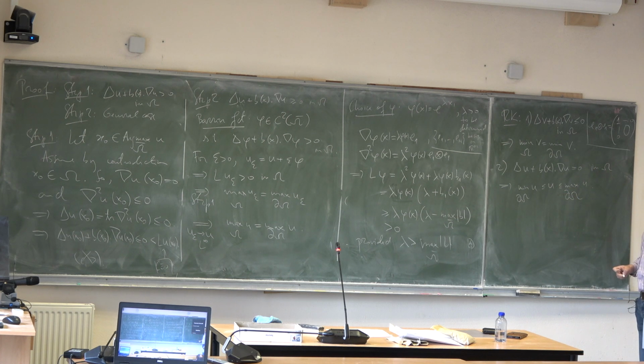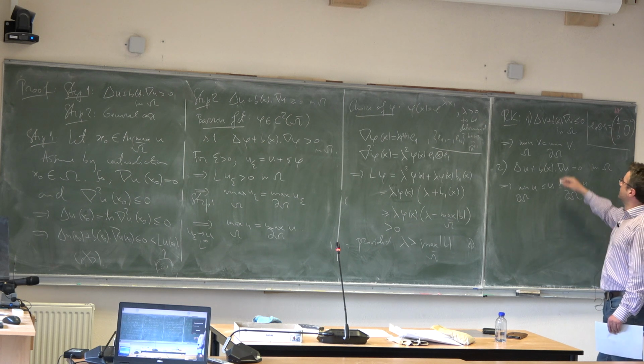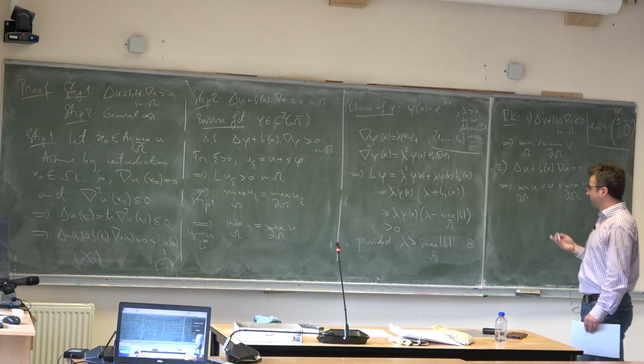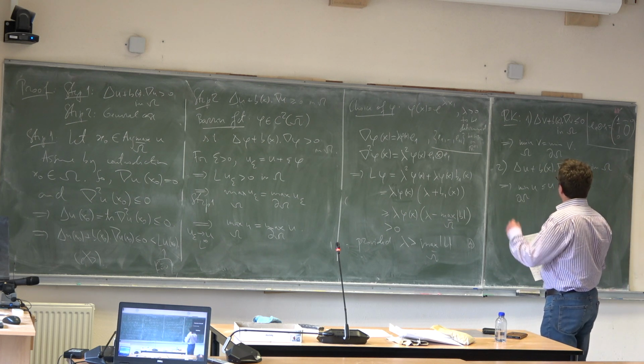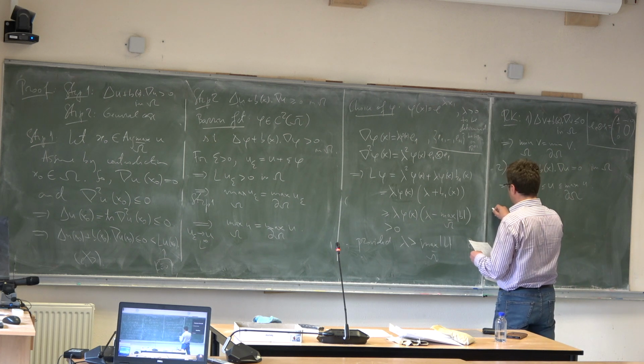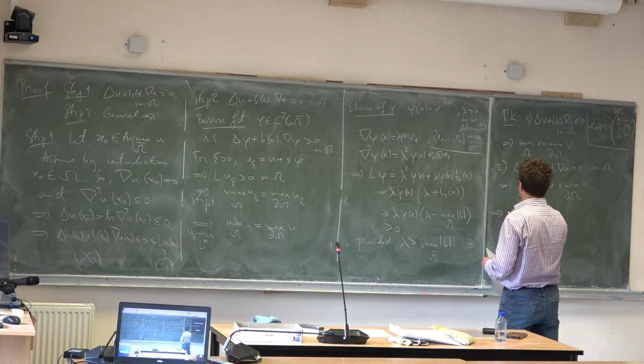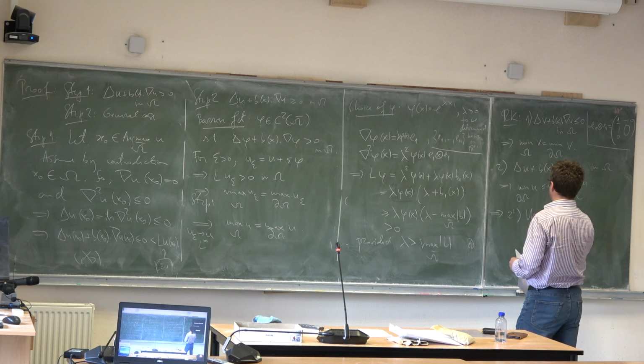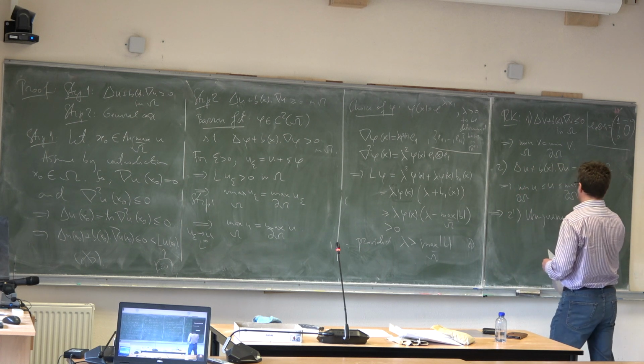So this is what will give you the uniqueness, for example, in some linear boundary value problems, elliptic problems. So this will give you the uniqueness result that I was mentioning.